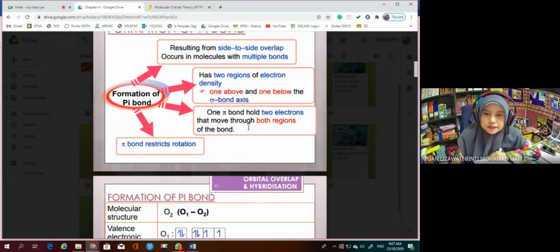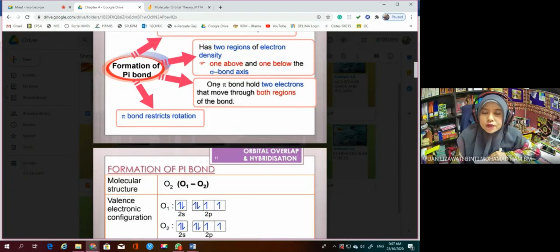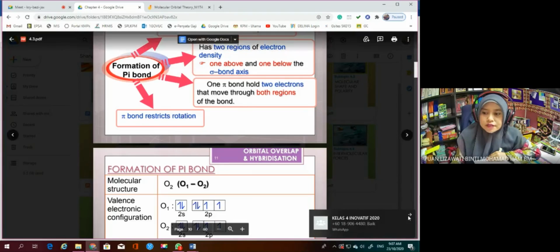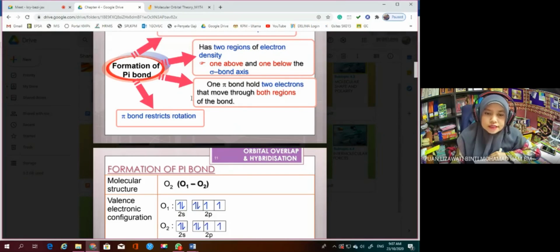We'll see how later. One pi bond holds 2 electrons that move through both regions. This one has restricted rotation. Double bond is stronger, so it is hard to rotate.